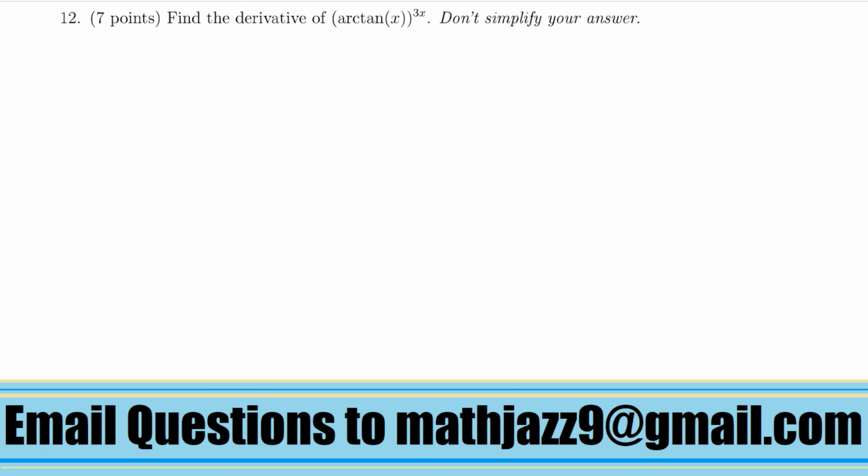Find the derivative of arctangent of x to the 3x. So, with this, we have f of x equals arctangent x to the 3x.